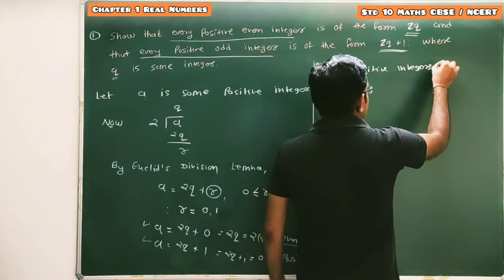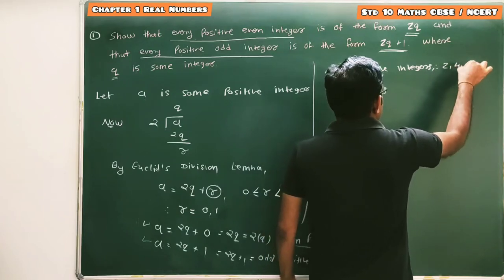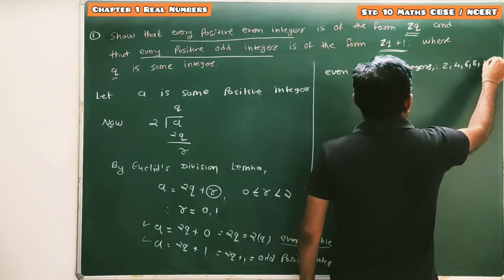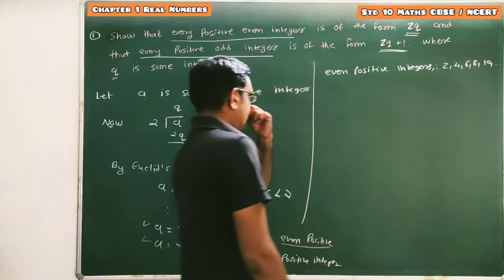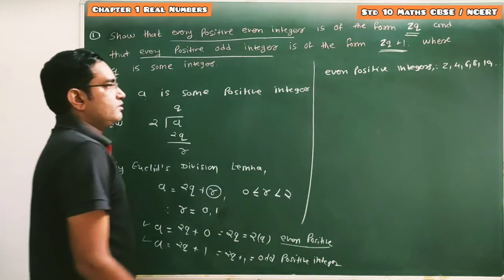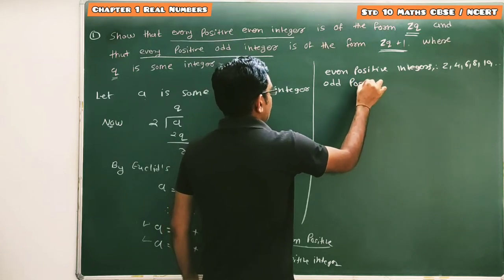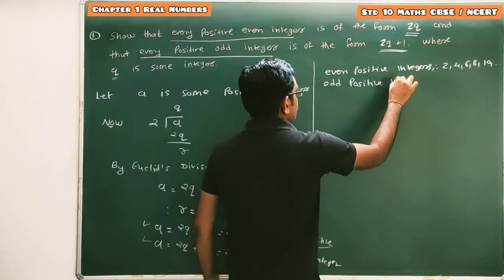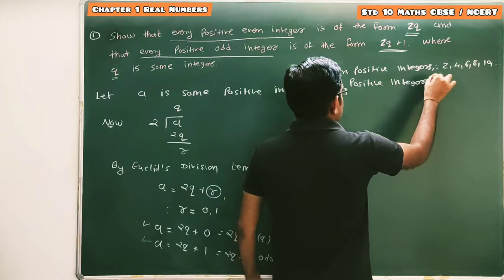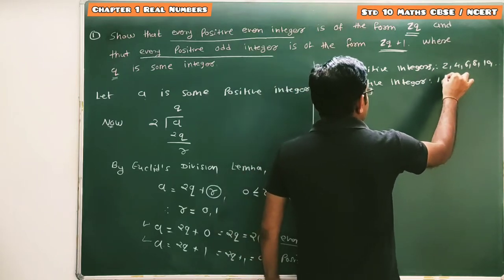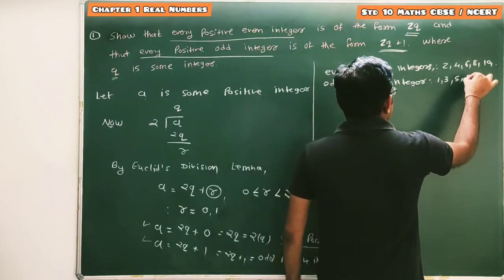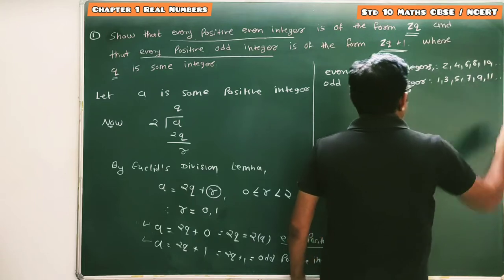Even positive integers are 2, 4, 6, 8, 10 up to infinity. These are the even positive integers. Odd positive integers are 1, 3, 5, 7, 9, 11.